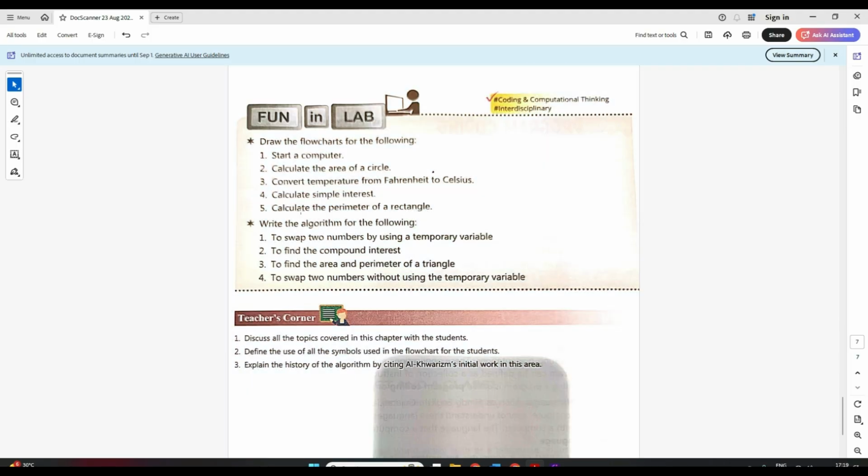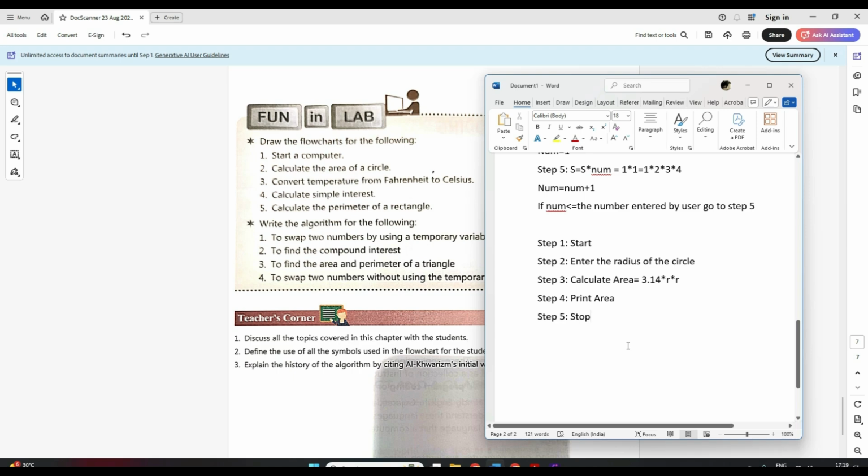Now the last one is calculate the perimeter of a rectangle, right? Perimeter of a rectangle, you know what it is, 2 into length plus breadth. So now tell me what should be the steps. Step 1 will always be start. Step 2, what is my input here? Length and breadth.